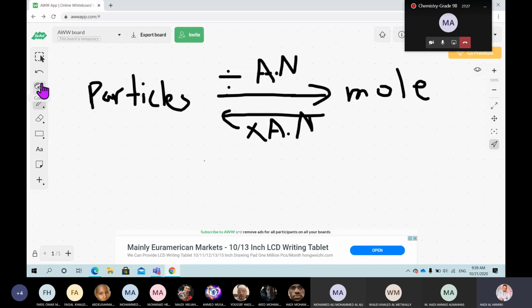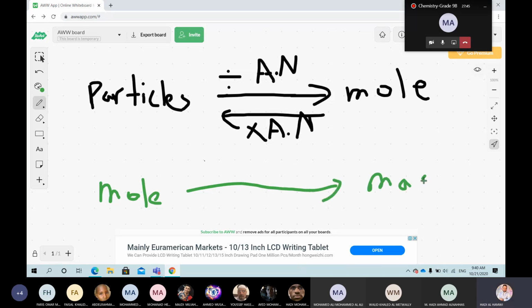Second, if we want to convert from moles to mass, I have, let's say, moles, and I want to convert to mass. I will use the rule: mass equals moles multiplied by molar mass.